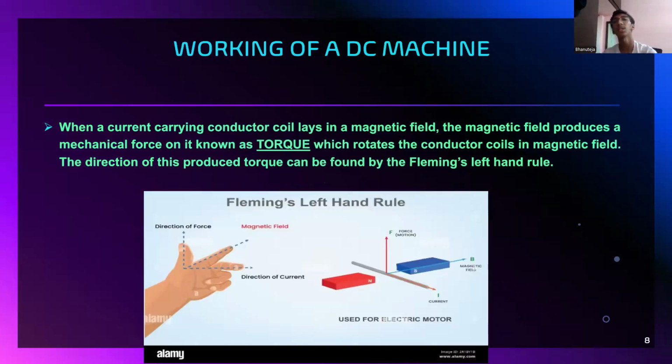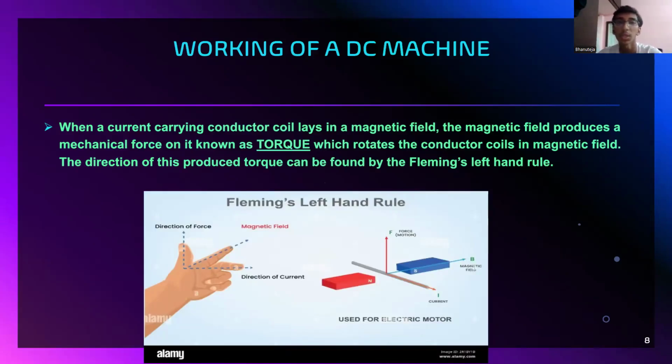Now that we have discussed the construction and main parts of DC motors and DC generators, we'll move on to the working of a DC machine. When a current carrying conductor lies in a magnetic field, the magnetic field produces a mechanical force on it, which is known as torque. This rotates the conductor coils in the magnetic field.